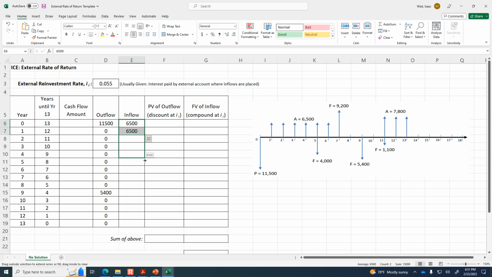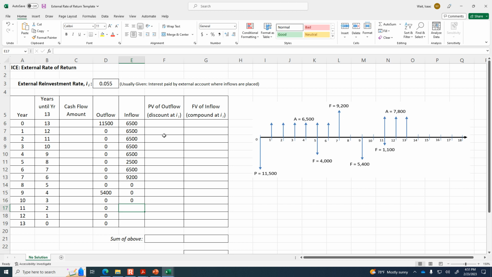Through year 5, though, it's not 6,500. It is 2,500. Okay, then back to 6,500 and 9,200. Okay, nothing in year 8. There's no inflow in year 9. Year 10 is nothing.